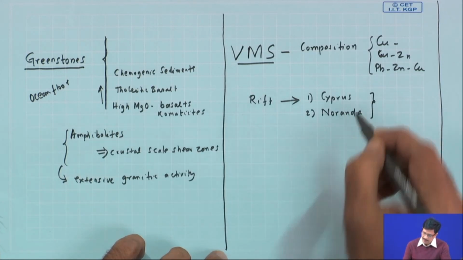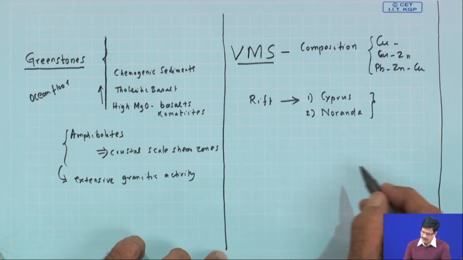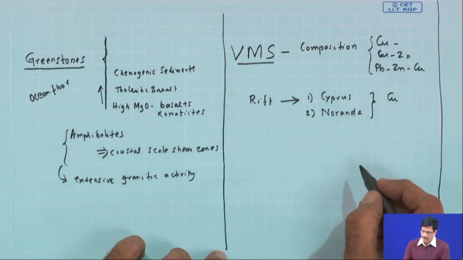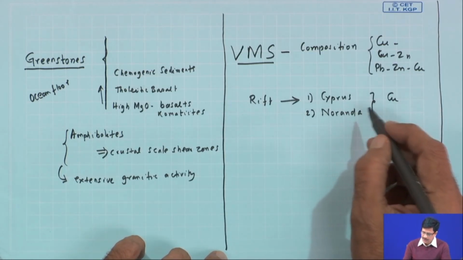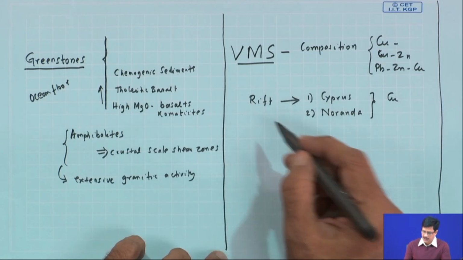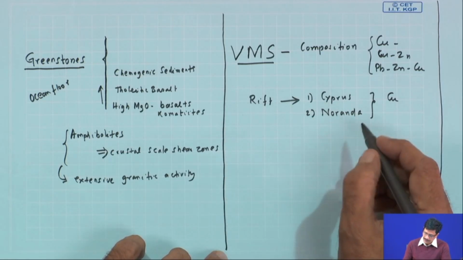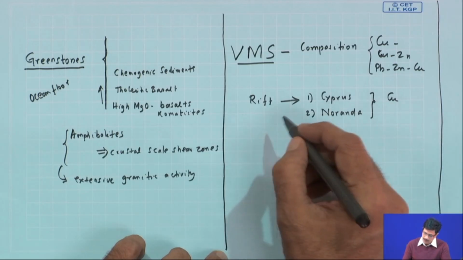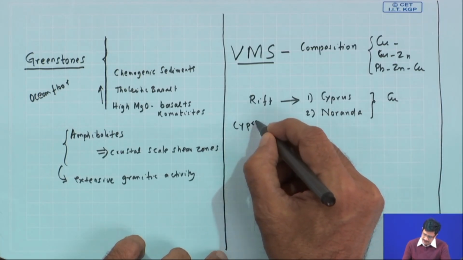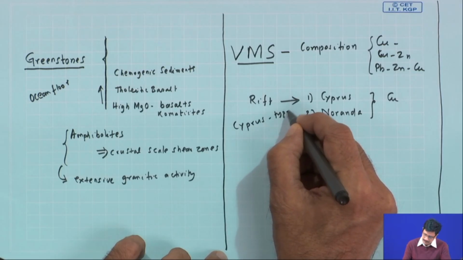So, these types of deposits have something in common. They are essentially copper-rich deposits, associated with a mid-oceanic ridge type of extensional regime or rift kind of setting, and they are broadly known by the term Cyprus type.